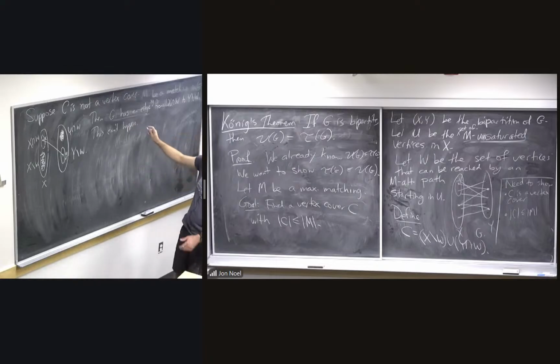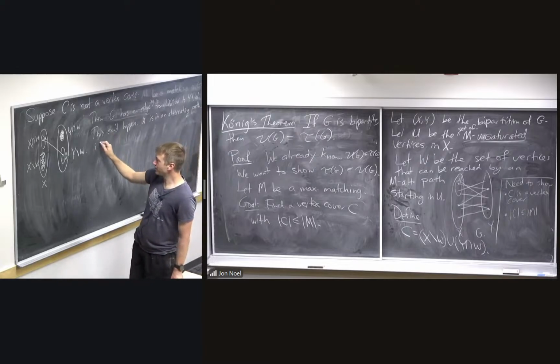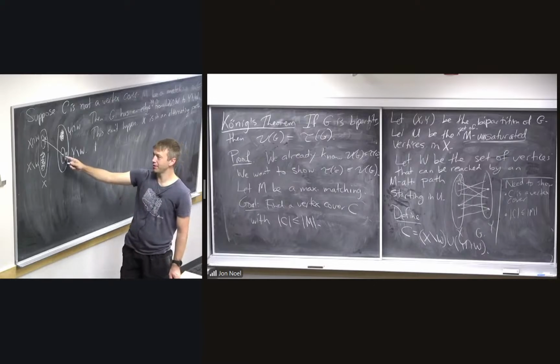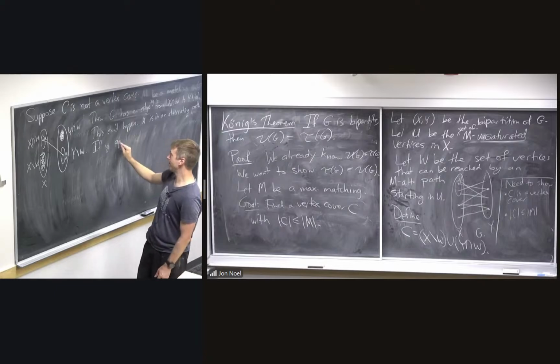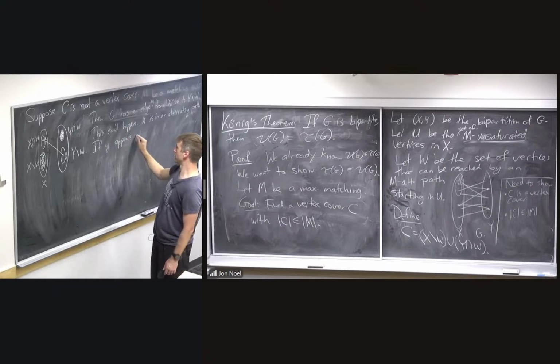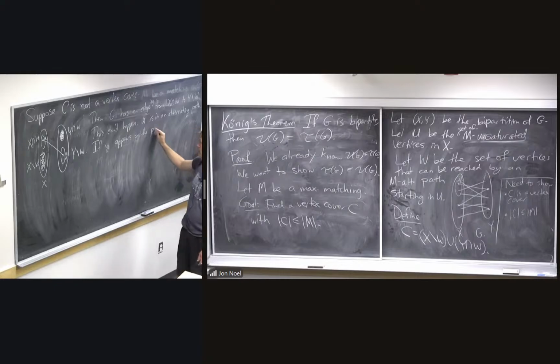Because x is in an alternating path. If y was also on that alternating path, then y would be in W. So if y appears on the path, then it is in W, which would be a contradiction.